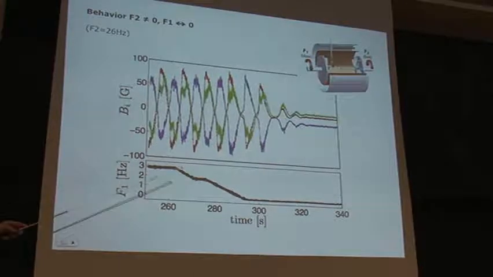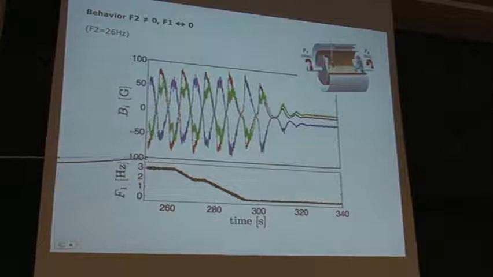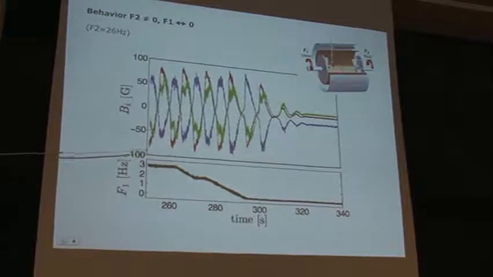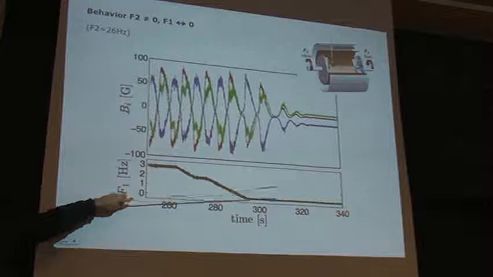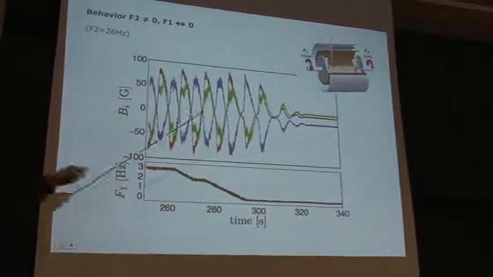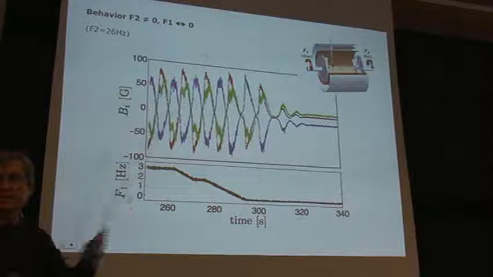So when they're both rotating, I have an oscillatory dynamo, and I'm slowly going to F1 equals 0, in which case I keep an oscillatory dynamo until I kill it.